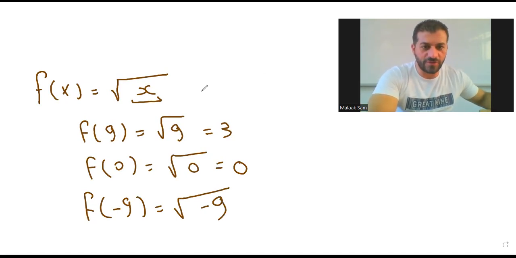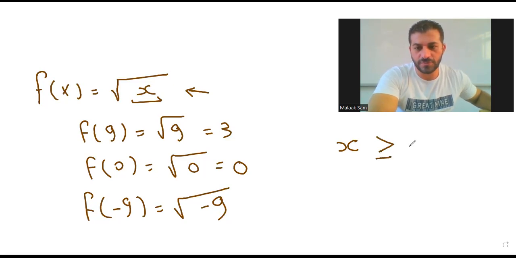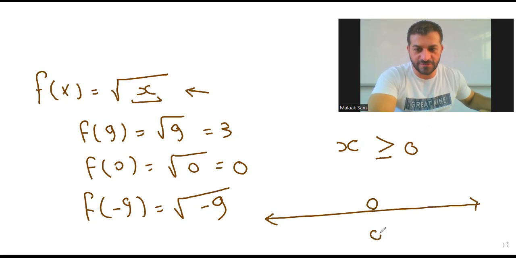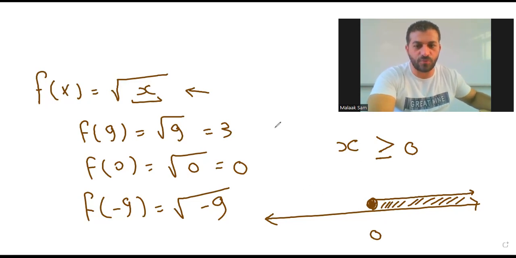So what is the domain for this function? x must be greater than or equal to 0. x must be positive or 0, okay? We can represent it on the number line. We can find the value of 0, and we can find all positive values. So the domain in this case is [0, positive infinity).